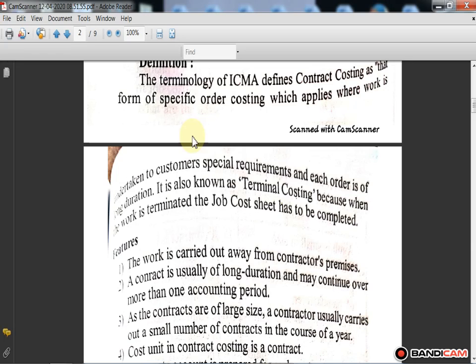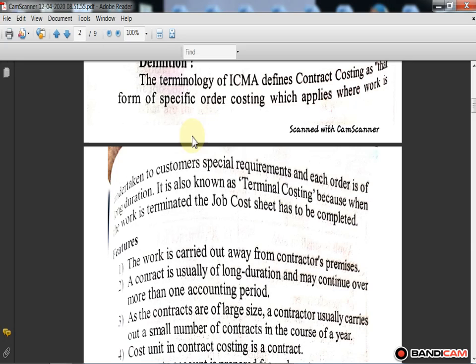It is also known as terminal costing because when the work is terminated, the job cost sheet has to be completed. So contract costing is of long duration and it is undertaken to customer's special requirements.